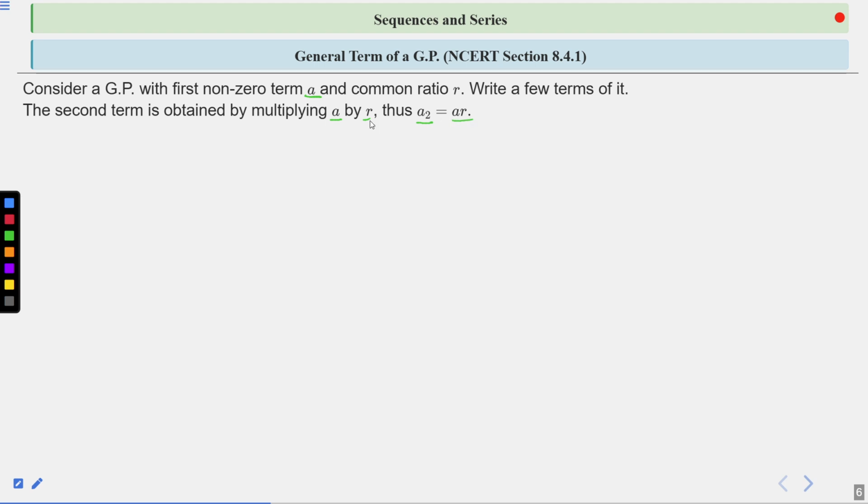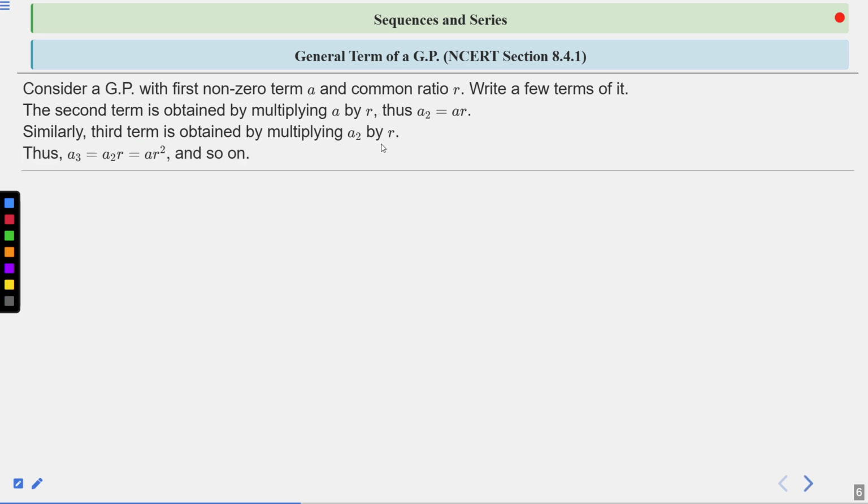Also observe that A2 divided by A1 is simply the constant R. Similarly, the third term is given by A2 times R. So A3 represents your third term, which is A2 times R, meaning AR square. If you divide A3 by A2, you will get the constant R.